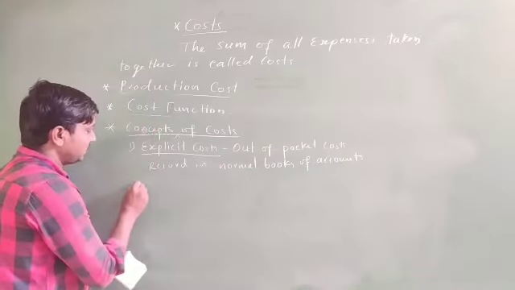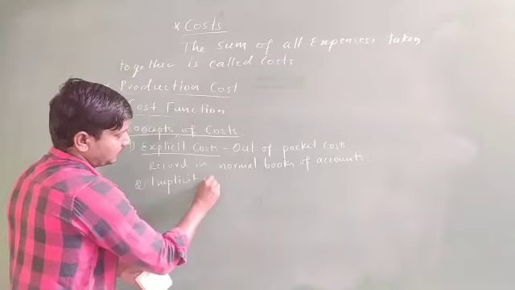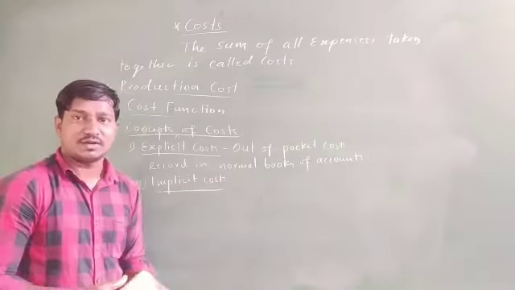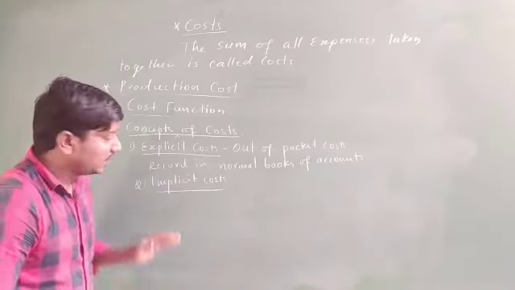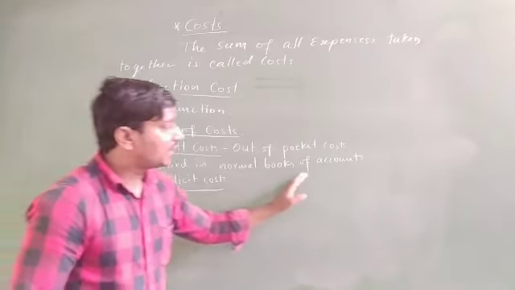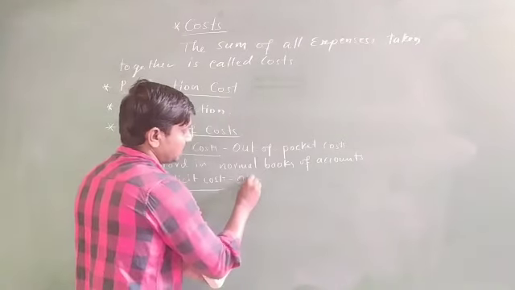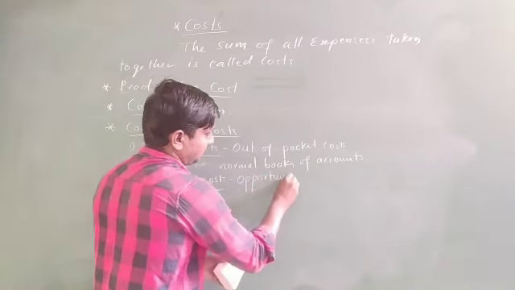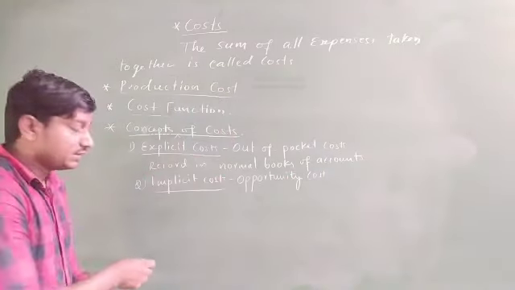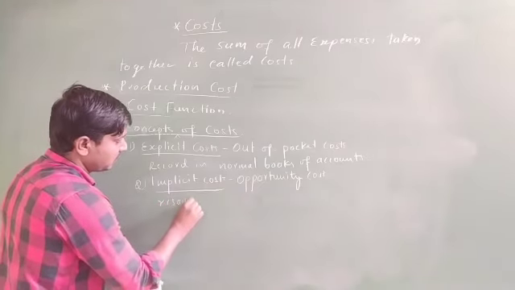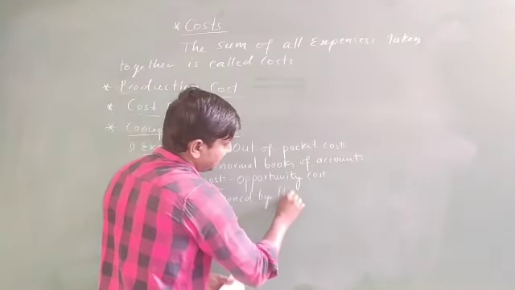Done. Now come to the second one in the same way, that is implicit cost. Implicit costs are those costs which are also called opportunity costs, and usually these are not going to be recorded in the books of accounts, because these are the opportunity costs of the resources owned by the firm.